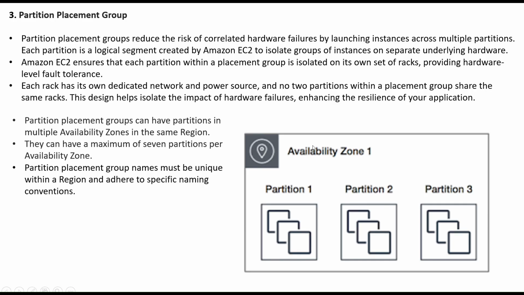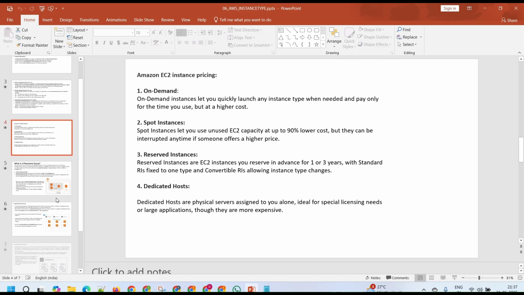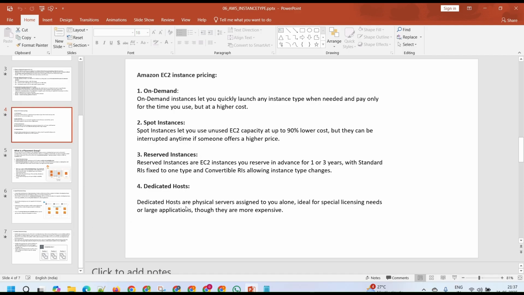In one availability zone, we can have a maximum of 7 partitions, and each partition uses logical separation with a different switch, different network, and different rack. That is the way we can manage the instances. So these are the 3 placement groups available to launch EC2 instances.